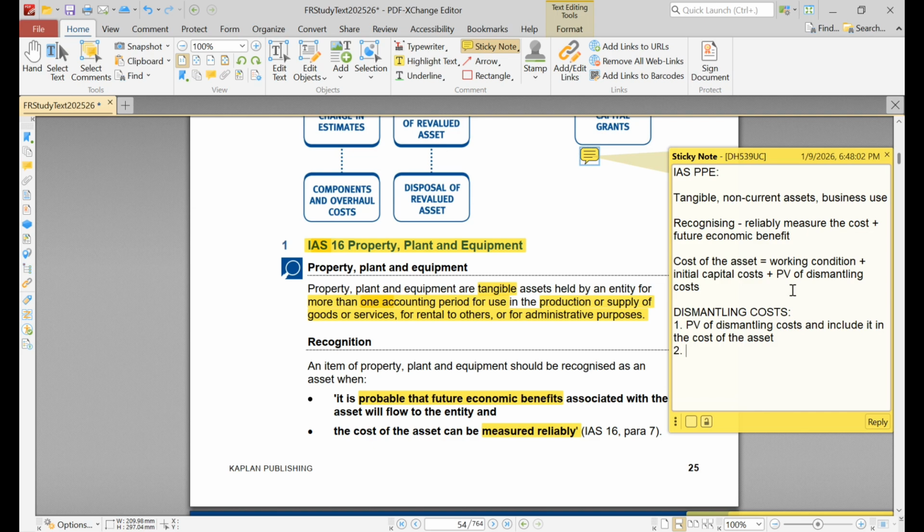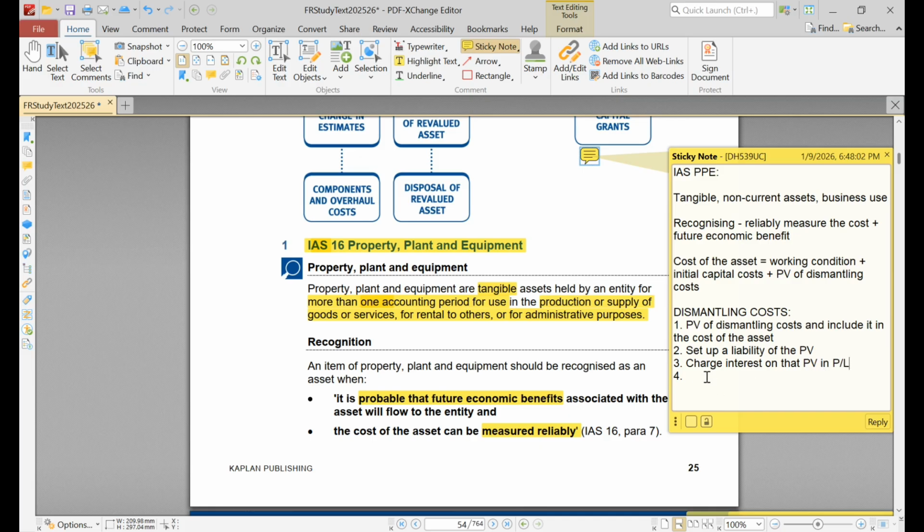Second, you have to set up a liability of the present value. Third, charge interest on that present value to P&L.